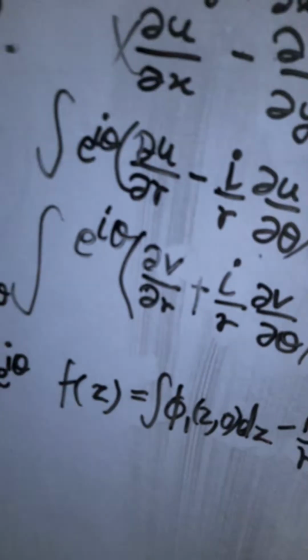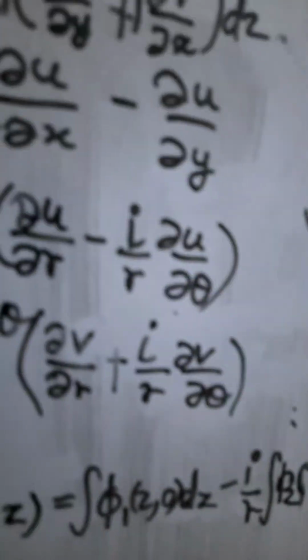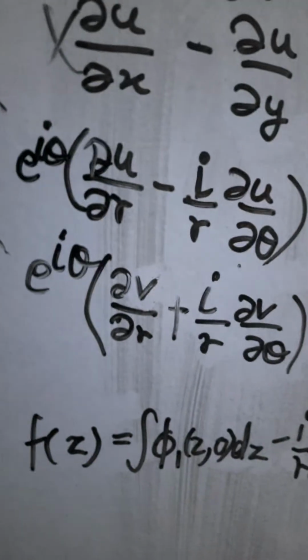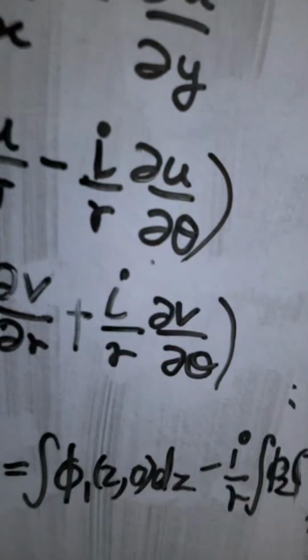So e raised to I theta is there because in polar form it is r e raised to I theta, and you only have the u function, which only has two variables r and theta, so you can only take the derivative with respect to those two variables. So do del u by del r and del u by del theta. That is the only option you have.